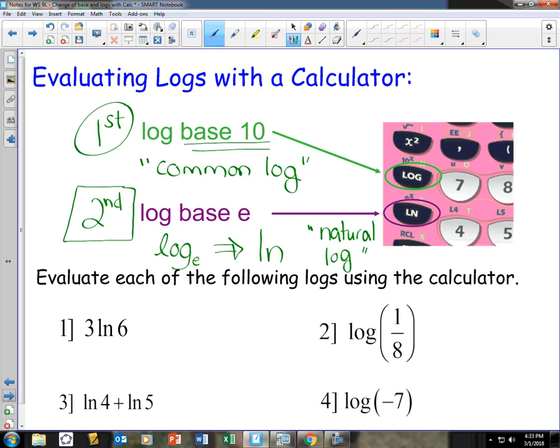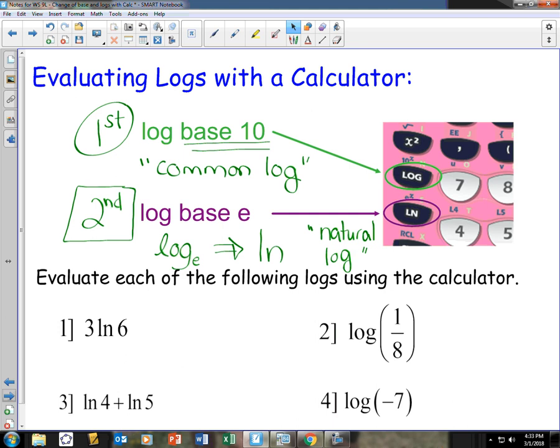Those are the only 2 that get their own buttons, because basically any log can just be rewritten in terms of those. Now, evaluate each of the following logs using your calculator. For problems 1 through 4, you're literally just punching buttons on your calculator and making sure that you know how to use these buttons. So let's see here, 3 ln 6.